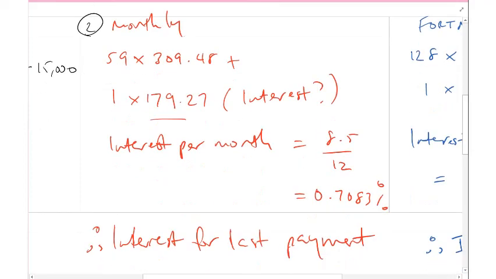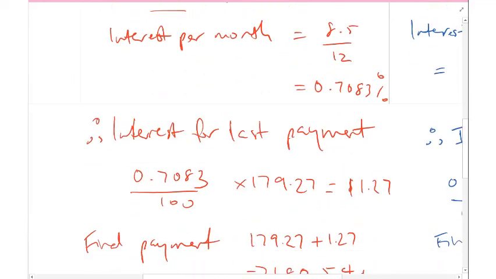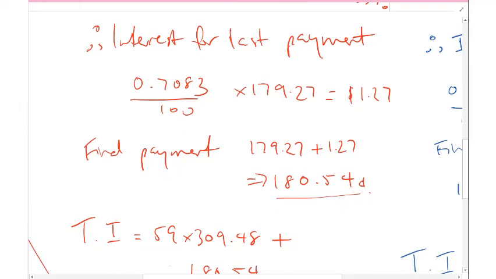We work it out like we've done previously: 8.5 divided by 12 because it's monthly. So the interest for that month would be 0.7083. So we get our interest on that last bit, on that $179, and it's $1.27.